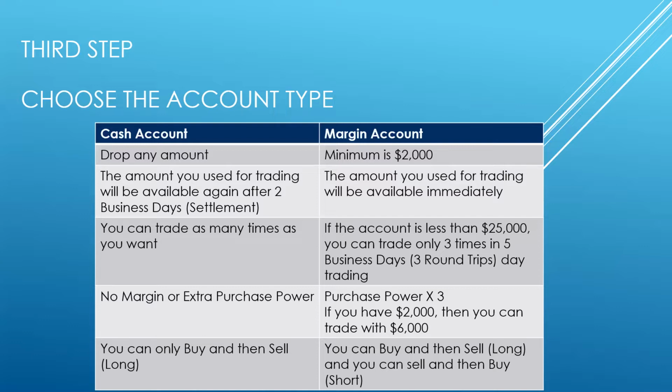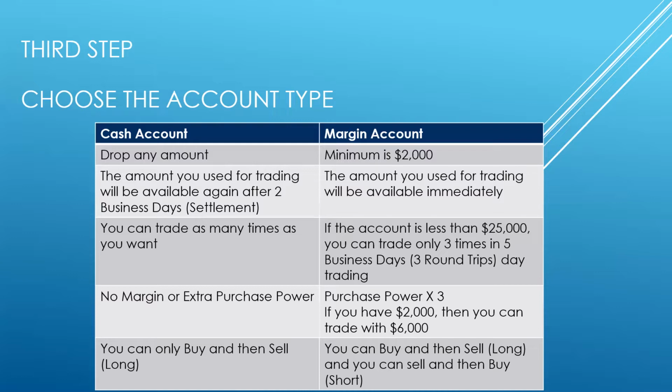You have to wait for 2 days until the settlement for this transaction, and then after 2 days you will see the amount available in your account, and you can start trading again.